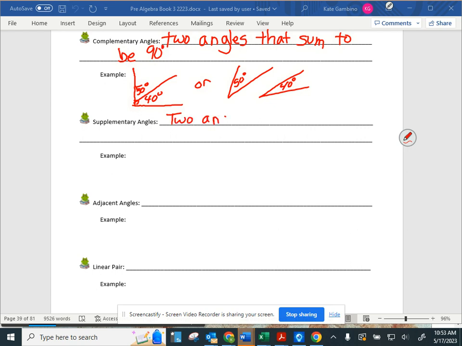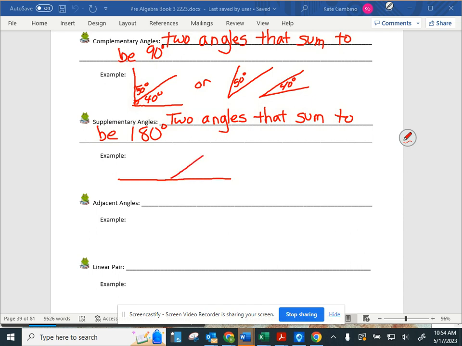So then I have supplementary angles, two angles that sum to be 180 degrees. Do not forget your degrees. It's important we have degrees in there. So 180 degrees, remember, that is our straight line.